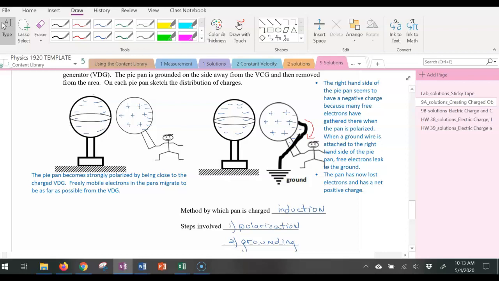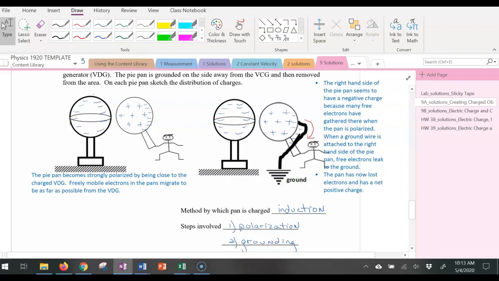So at this moment, while the pan is polarized, that right-hand side of the pan seems to have a negative charge because there are a lot of electrons that have accumulated in that vicinity. Now overall, before he grounds it, the pie pan is still neutral, but that region seems to have a negative charge because of all the electrons hanging out there right now.